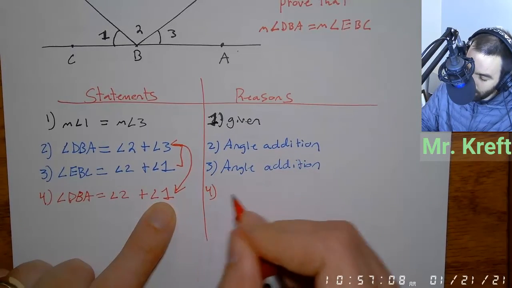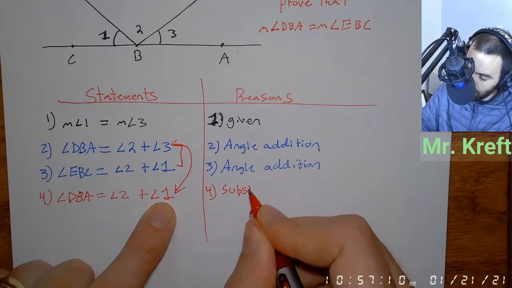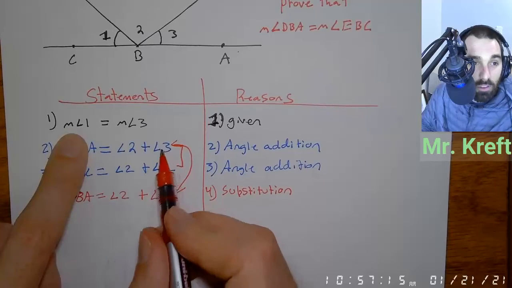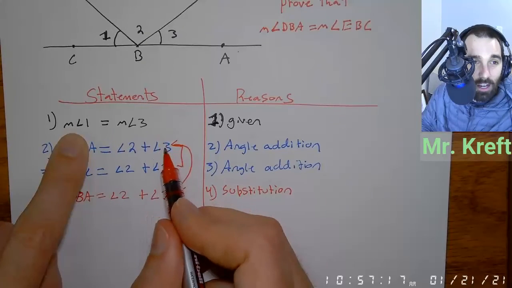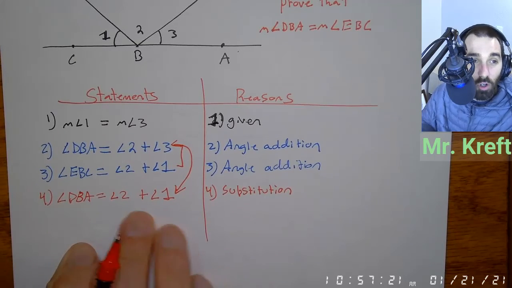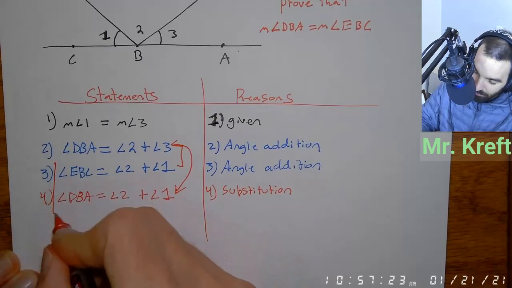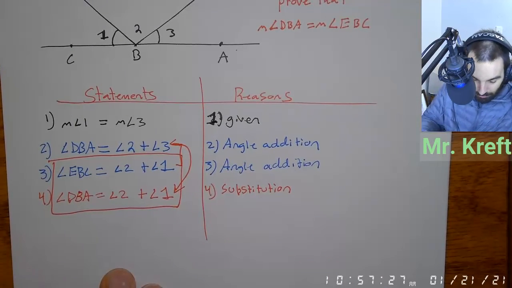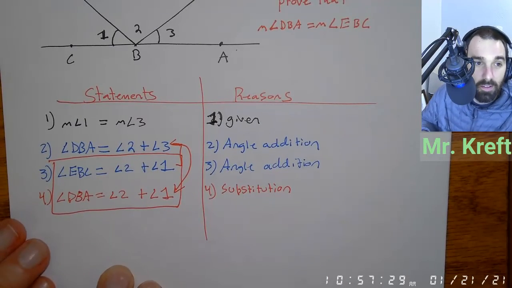So this is called substitution. Right? Because if 3 equals 1, do you guys see that? Then I can replace that 3 with a 1. So now I have this.